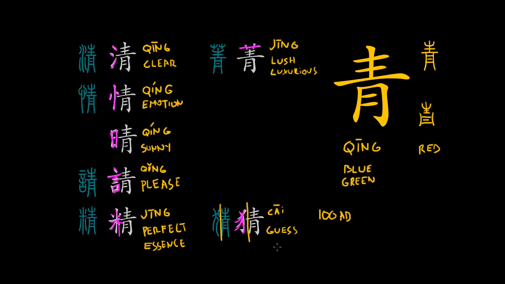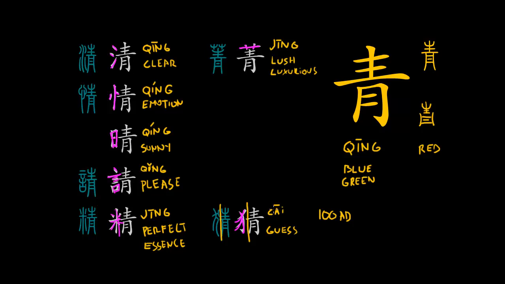So what might have happened was that originally this character was pronounced in a different way. Later on, it adopted a second pronunciation. So for a while, there were two pronunciations for this character. Then the original pronunciation started to be used less and less, and the Cai pronunciation became more dominant, and the original pronunciation was lost altogether, and what we are left with is Cai.